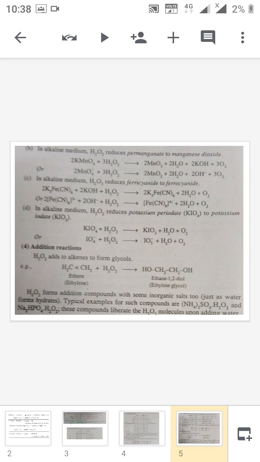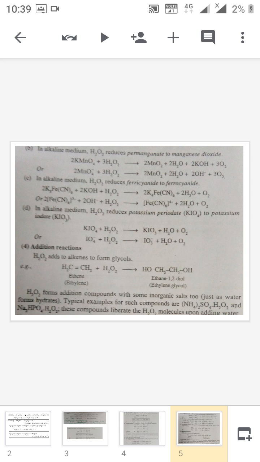Yesterday we discussed the conversion of ferrocyanide to ferricyanide by using hydrogen peroxide. Here the opposite reaction occurs: K3[Fe(CN)6] is converted into K4[Fe(CN)6] by hydrogen peroxide in alkaline medium.